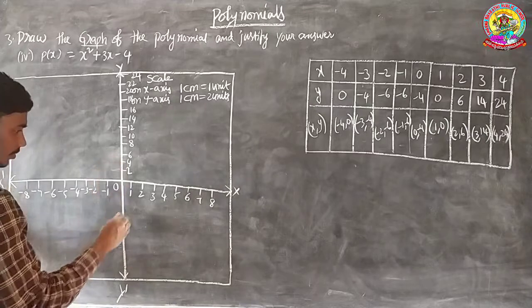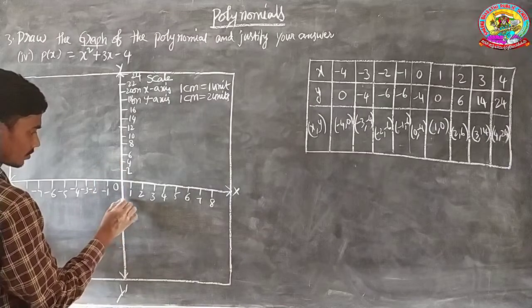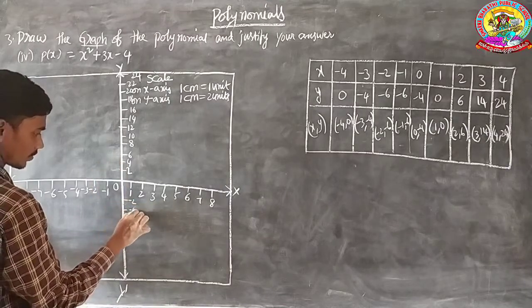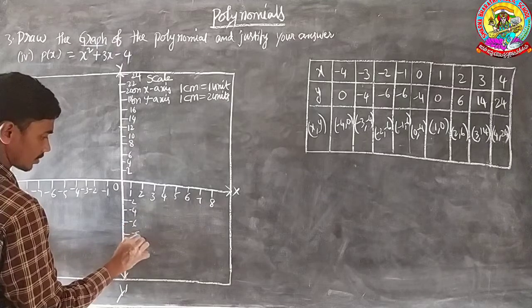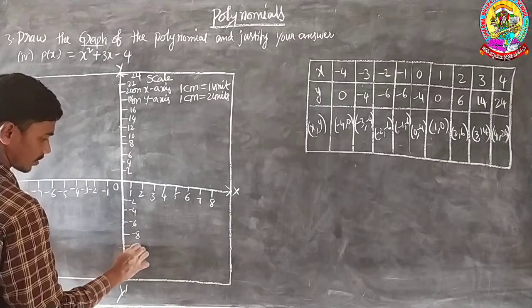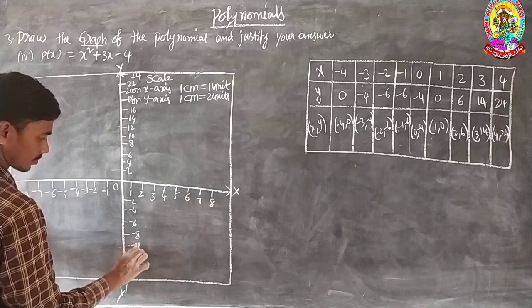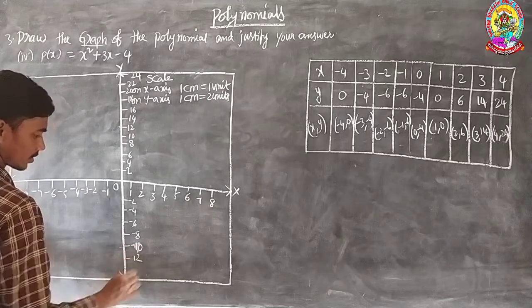Okay, next downward, minus 2, minus 4, minus 6, minus 8, minus 10, minus 12, like this.